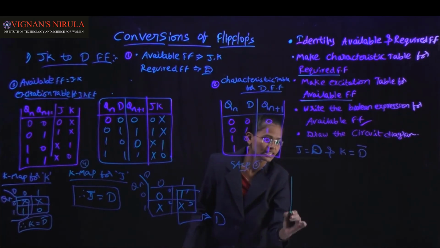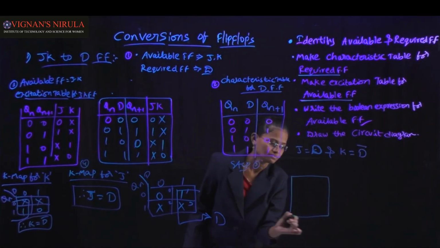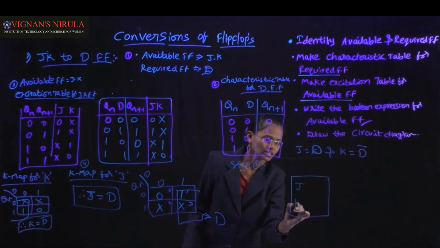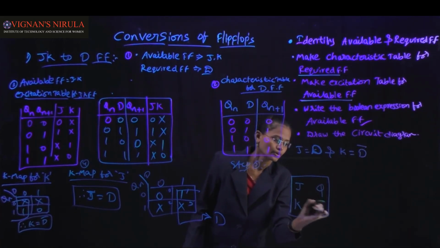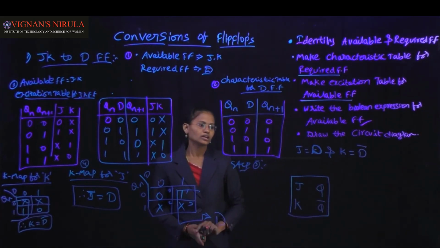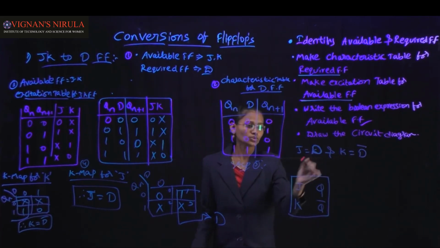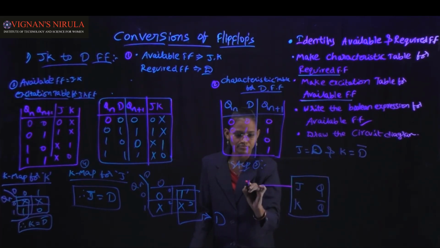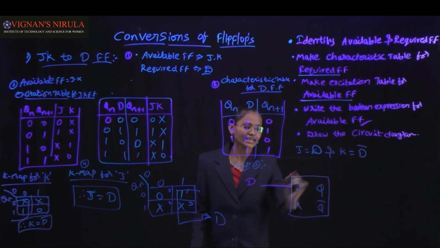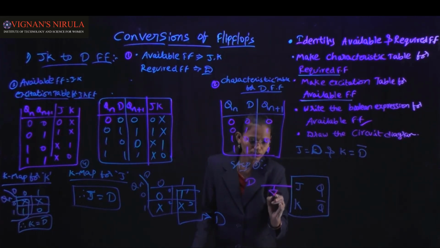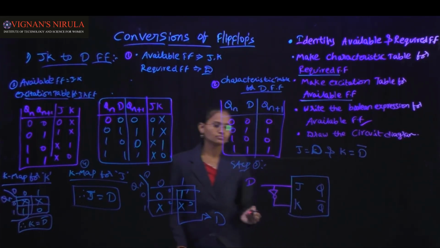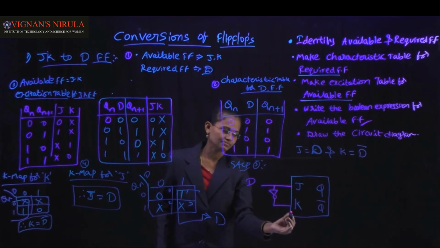So you consider the JK, J, K, Q, Q bar. Okay, and J is connected to D and K is connected to D bar. So you draw the NOT gate. This is the circuit diagram.